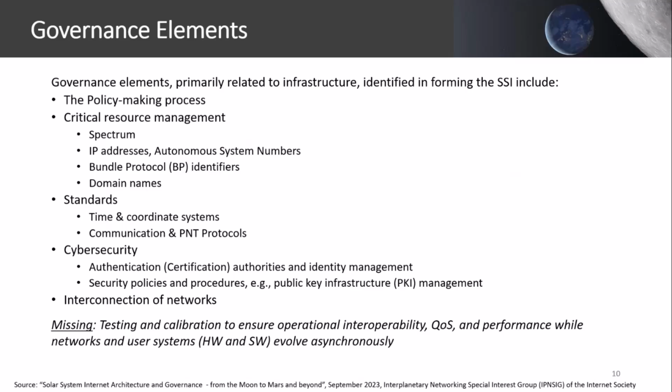Similarly, in standards, there are agencies that develop communication and networking standards, but there are also underlying needs for time and coordinate systems because a lot of applications need to know when and where you're located. So those standards are also part of the overall ecosystem.